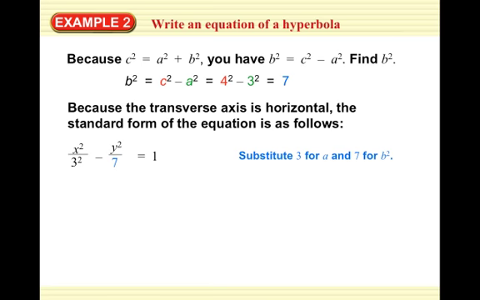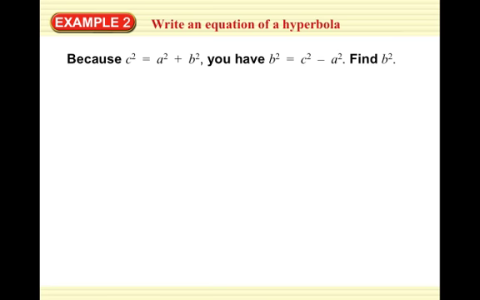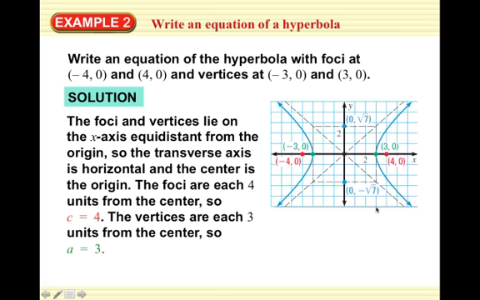Let's go back and look at the graph though. If b squared is 7, then b is square root of 7. Now, square root of 7 is bigger than square root of 4 and smaller than square root of 9. Square root of 7 is then more than 2, but less than 3. So you can see that we go up more than 2 units, but less than 3, approximately square root of 7 units.